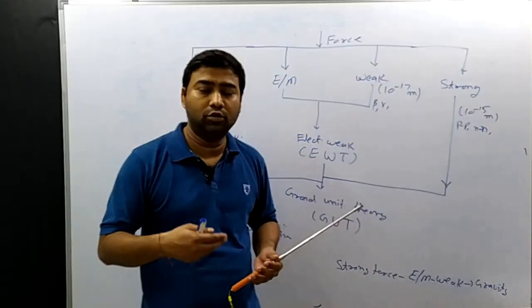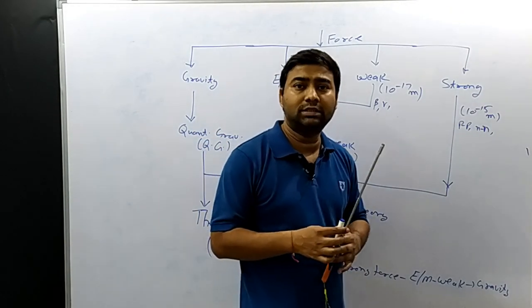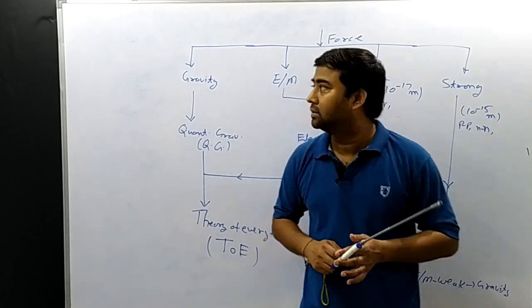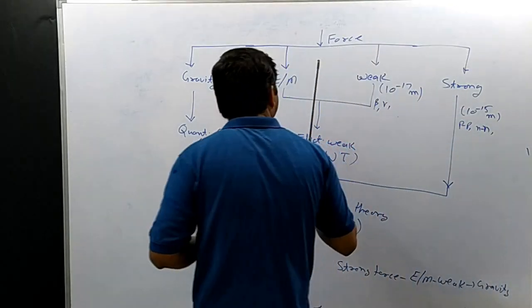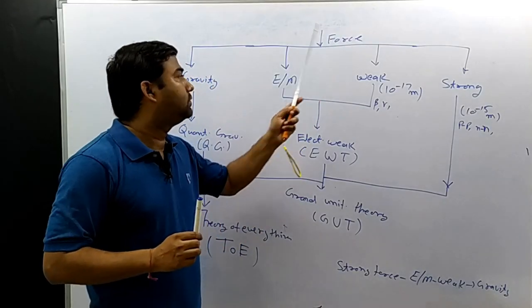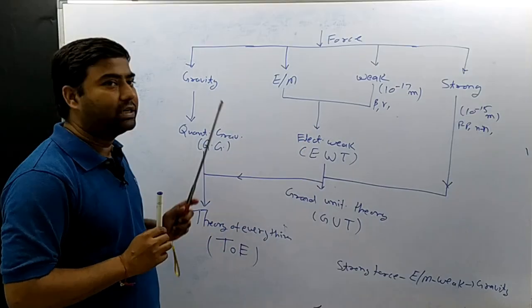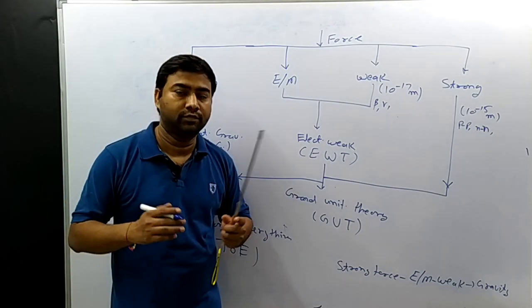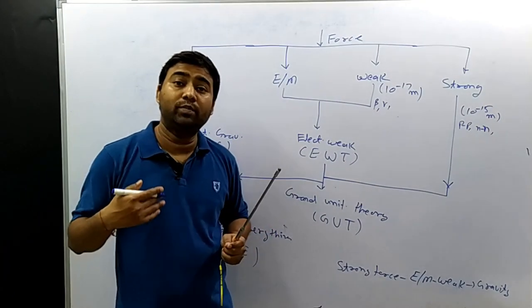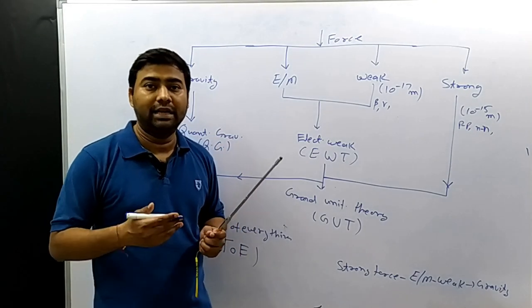Presently, based on modern physics, forces are broadly classified into 4 categories. This is the basic classification of force. First is called gravity. We are aware of the gravitational force. Second is electromagnetic force.